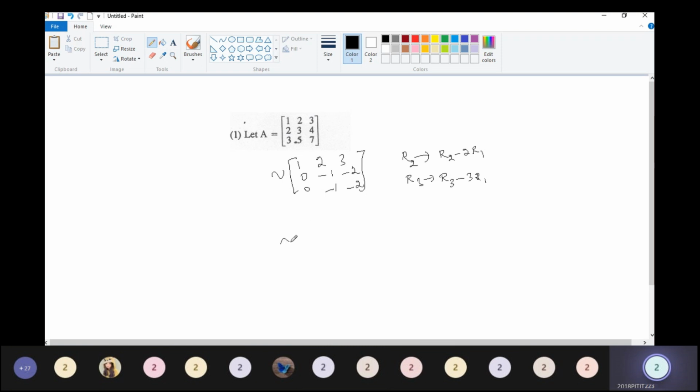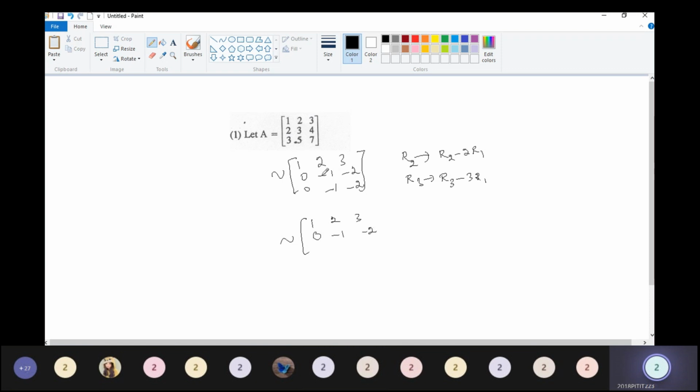So it is reduced to this, and there is no change in R1. Now I want to make the next term 0. Later I will explain the row echelon form. The second row is 0, minus 1, minus 2.